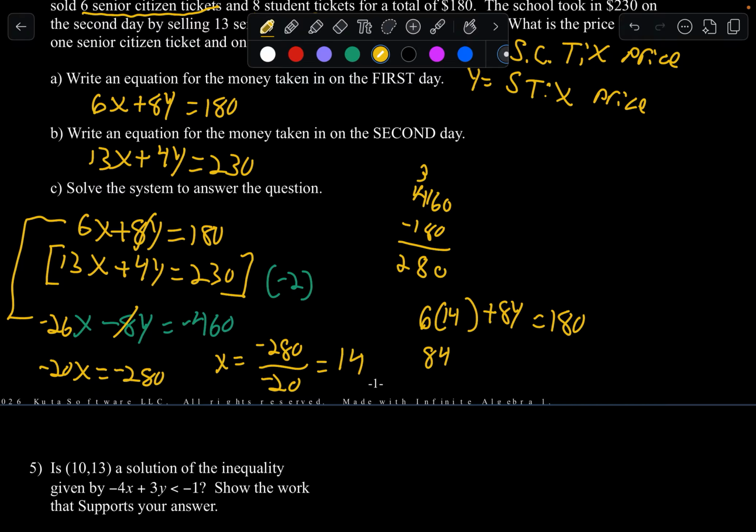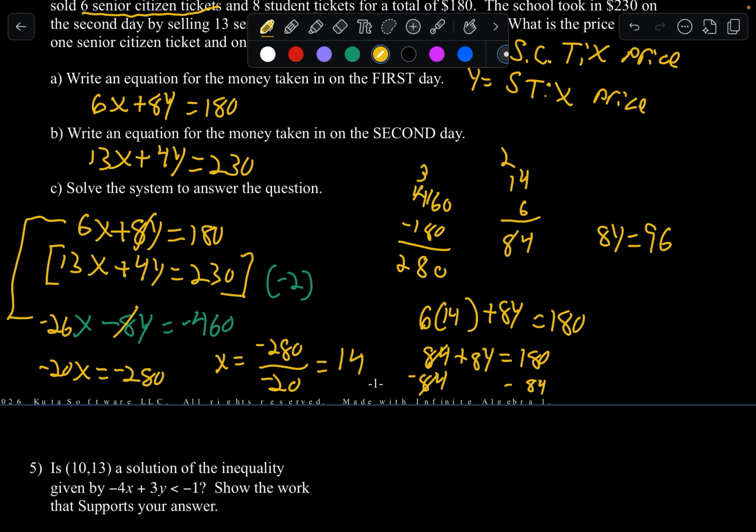Plus 8y equals 180. We're solving now for y. It's a two-step equation from here. Subtract 84 from 180, and the 84s go away, leaving 8y. So it's 8y equals 180 minus 84. 180 minus 80 is 100. 100 minus 4 is 96.